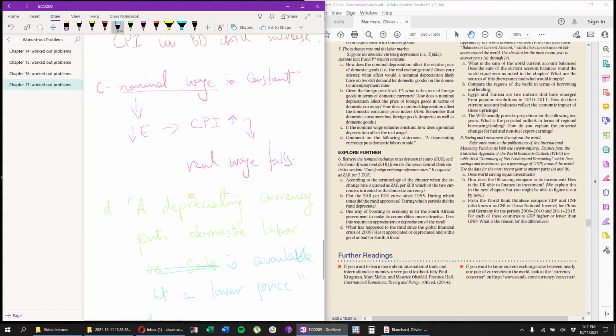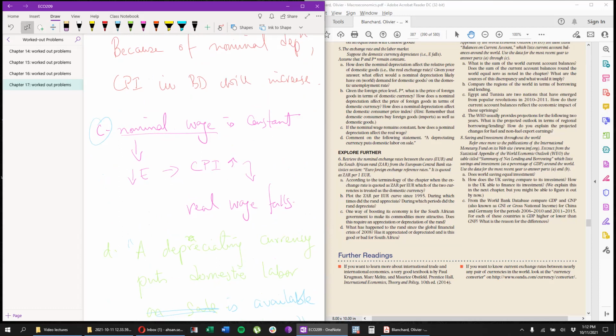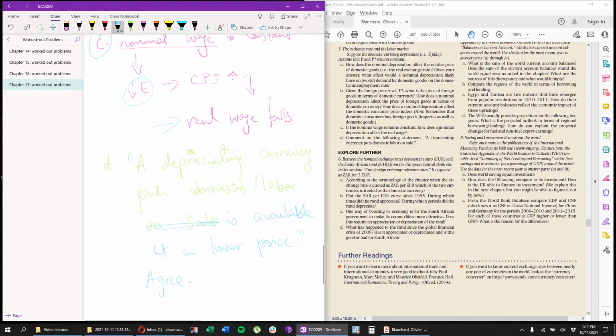We just saw that over here in part C, even though the nominal wage was constant, because of exchange rate fluctuation, real wage fell. In real terms, workers became cheaper. And of course, you guys can agree that this will increase the demand for workers, this may increase our output, and so on and so forth.